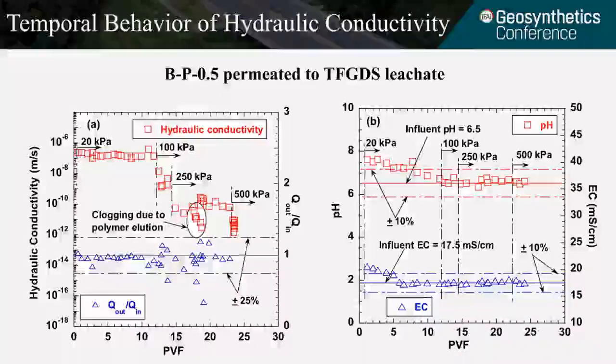The EC out versus EC in falls into this range a little bit earlier, at about 6 pore volumes of flow. So in this test, after the pH and EC effluent values both agreed with the influent values, we then increased stress from 20 to 100 and moving forward to 250 and 500 kPa.